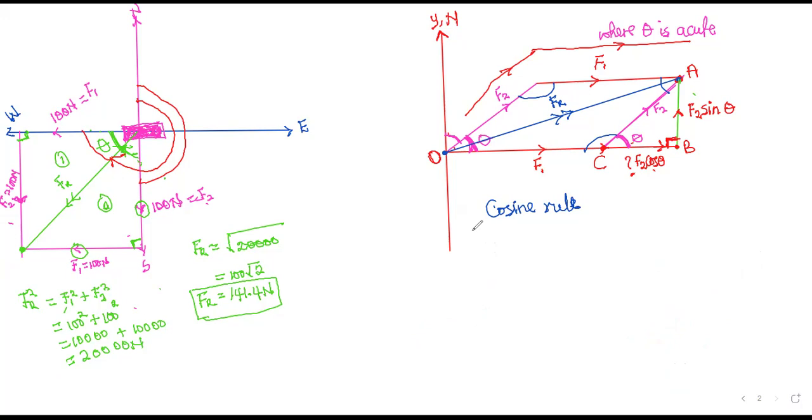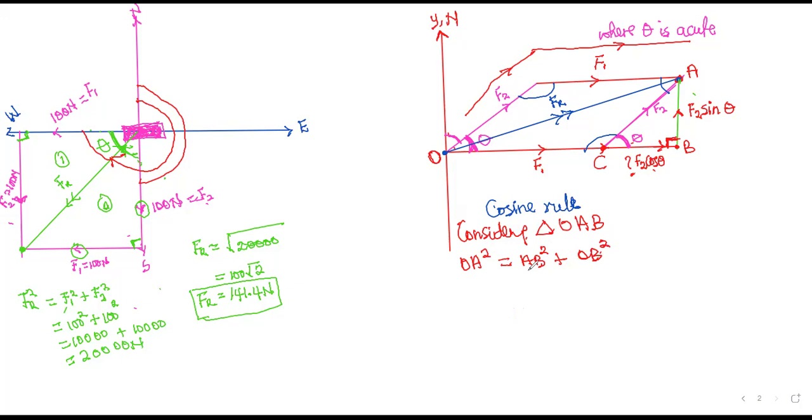But as I said, considering the bigger triangle OAB, we can see that since it forms a right angle triangle, OA squared will be equal to AB squared plus OB squared.